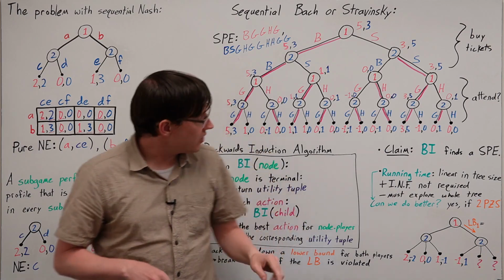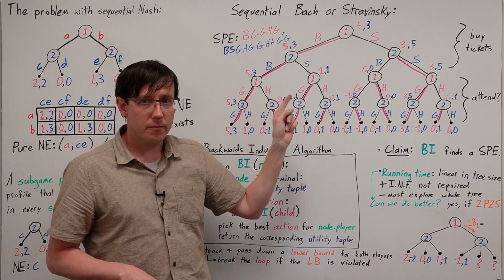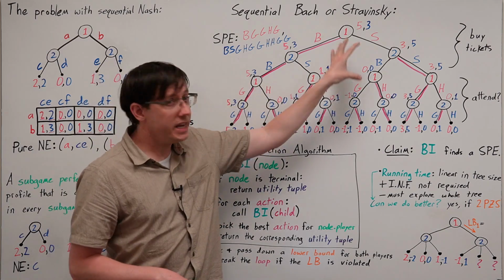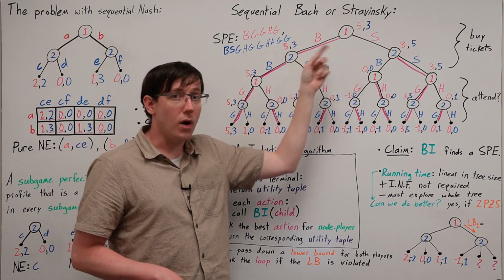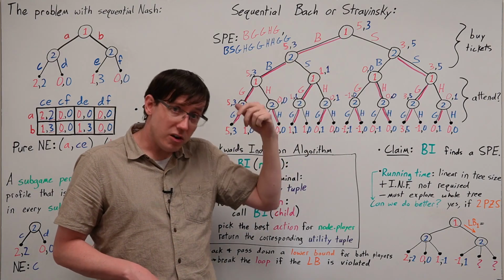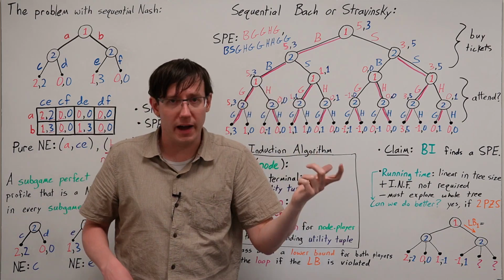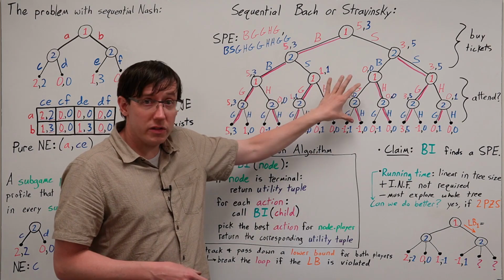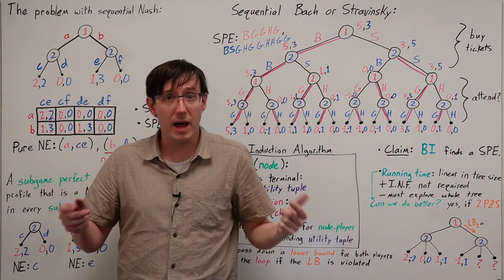If we think about the size of that normal form game for this tree, since there are 15 decision nodes, and at each of those nodes there are 2 options, the induced normal form game would have 2 to the 15th profiles. And so exploring the whole game tree is way better than having to build and solve that payoff matrix.